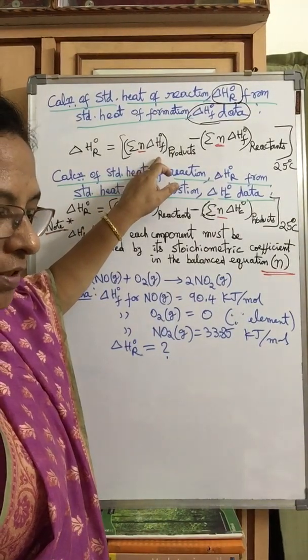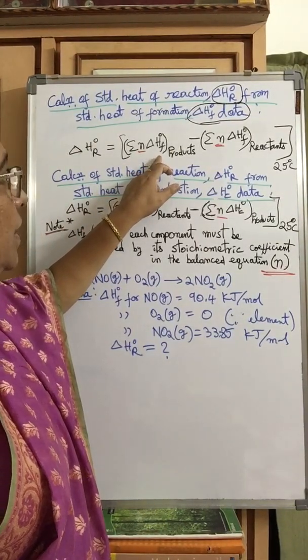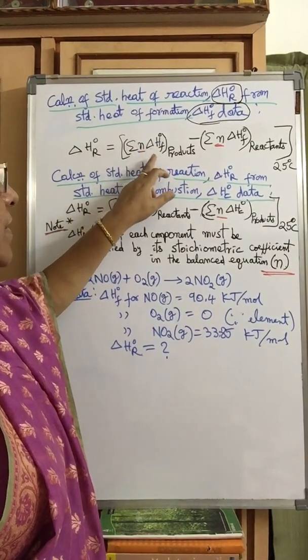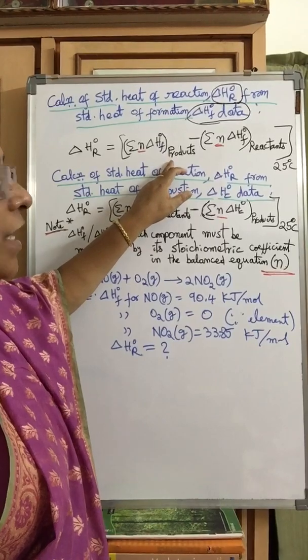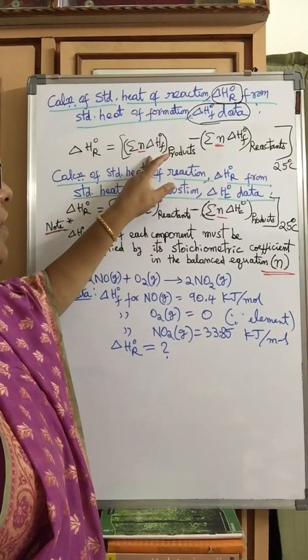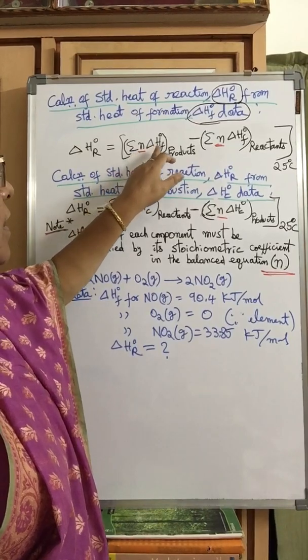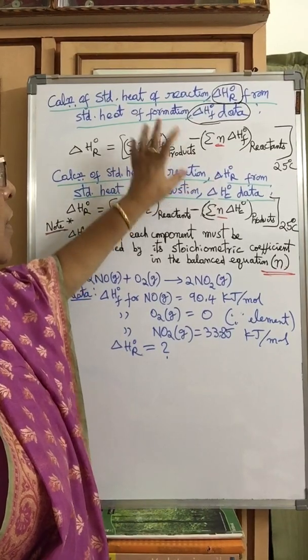For example, A plus B gives R plus S: that is heat of formation of R times its stoichiometric coefficient plus heat of formation of S times its stoichiometric coefficient. Add these two, and you get sigma n delta HF of the products.